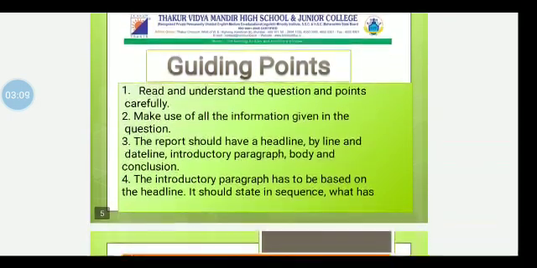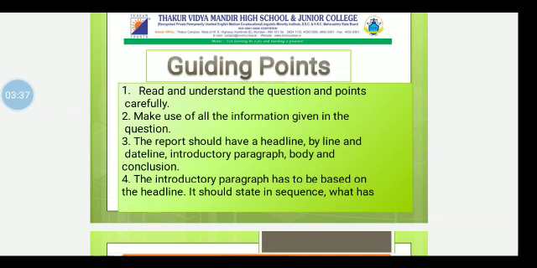Next, let us look at a few guiding points. First, read and carefully understand the question and the points that are given to you. Second, make use of all the information given in the question. That means you should not leave anything out. Third, the report should have a headline, byline, and dateline, introductory paragraph, body, and conclusion.